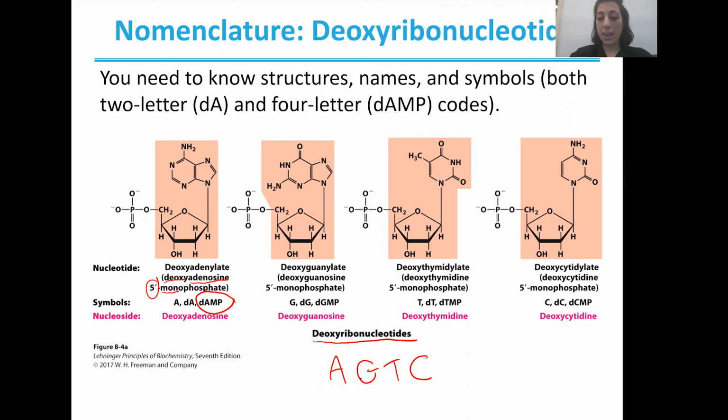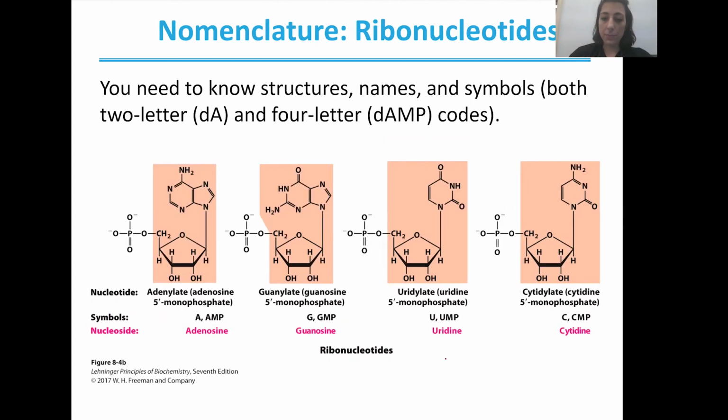So only A, G, T, and C attach themselves to deoxyribose. If we think about ribose, full ribose, now we can consider uridine and not thymine because uridine, U, is found only in RNA, and thymine is only found in DNA.